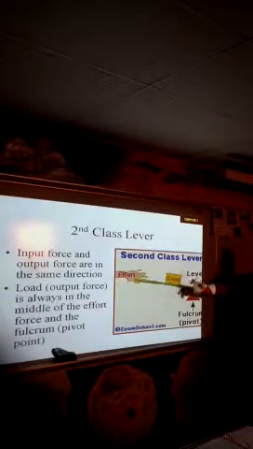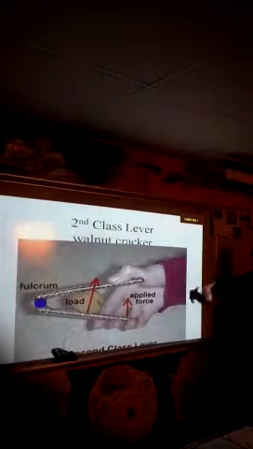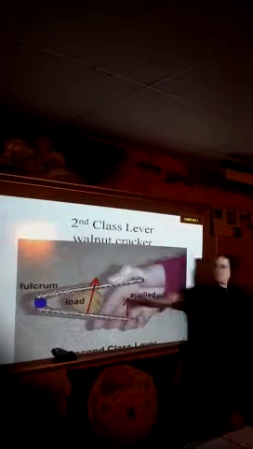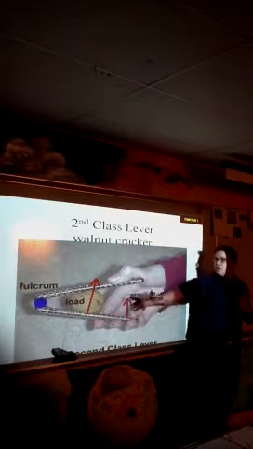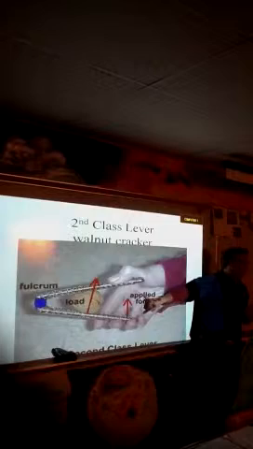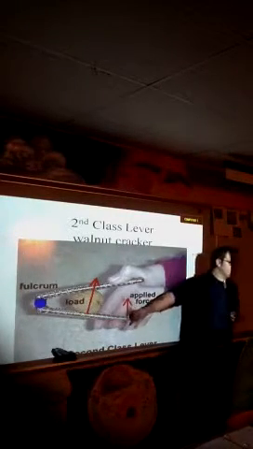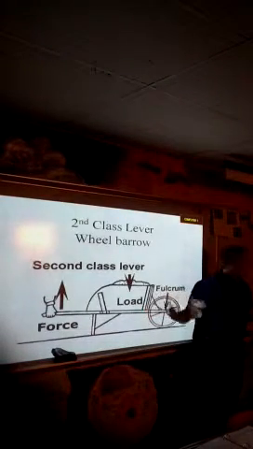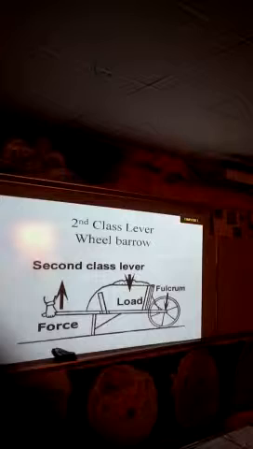So the load, the output, is in the middle. For example, a walnut cracker, the fulcrum's at the end. To crack the shell of the walnut in the middle, you have to apply a force on the outside. Again, the load is in the middle. Your most common second class lever is a wheelbarrow.